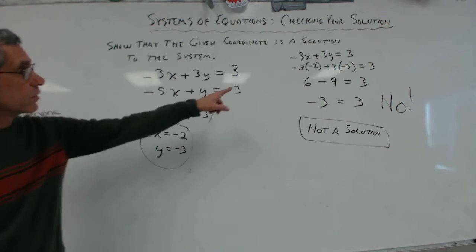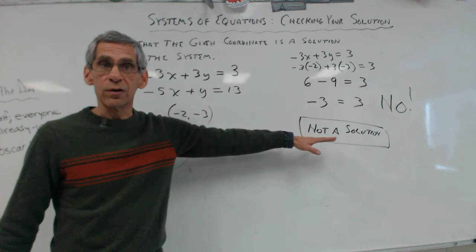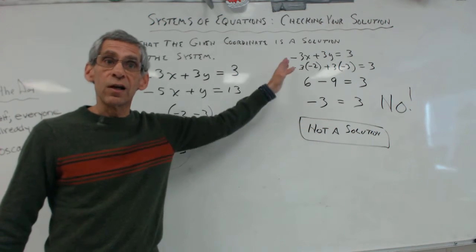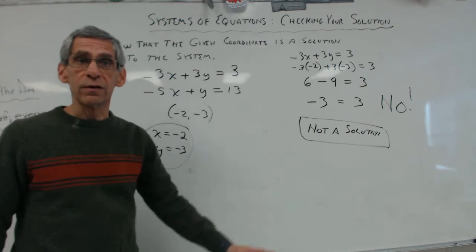Then you plug it in just like this. If it doesn't work in the first one, you don't have to go any further, and you just say it's not a solution. If it does work in the first one, you have to do the second one too and see if it works on that one.